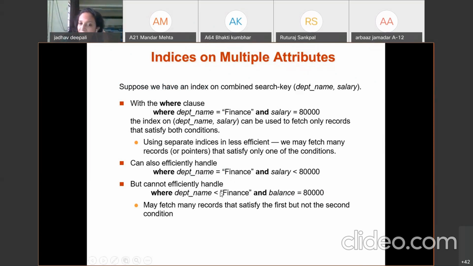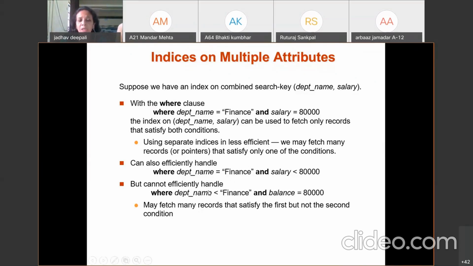Why? Because there are many records with finance and salary less than 80,000. But if we write a query where department is less than finance and salary is equal to 80,000, in that case it is not efficient to handle such a query, because there are so many records which are less than finance. Biology, biotechnology, CSE, electronics, all come before finance.